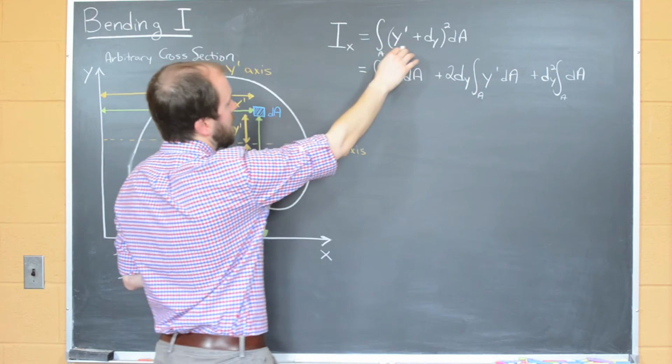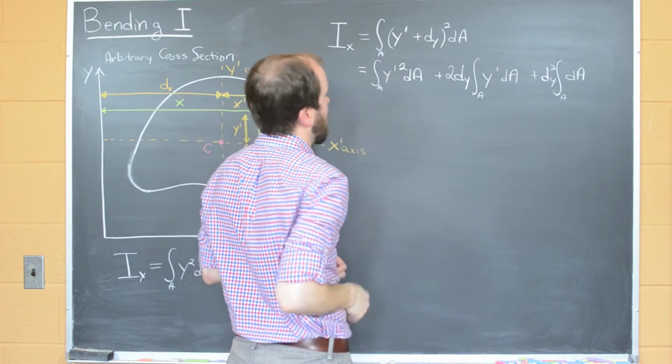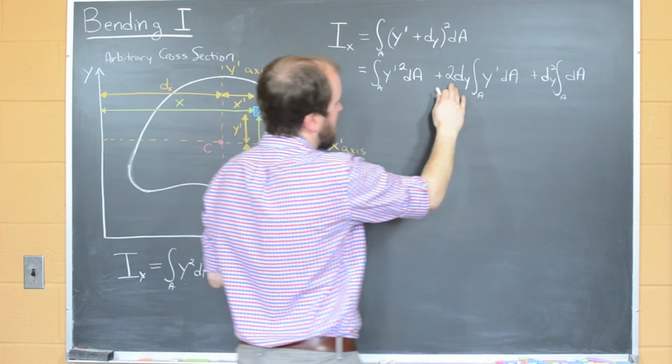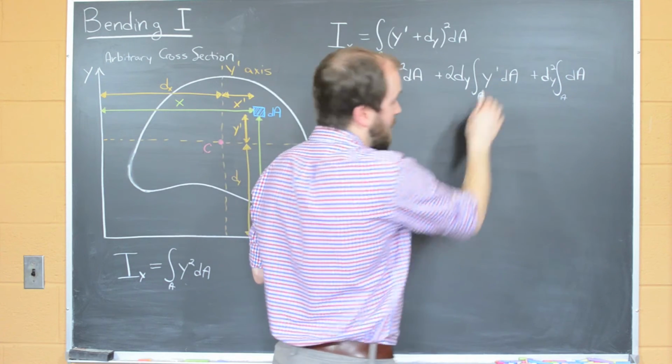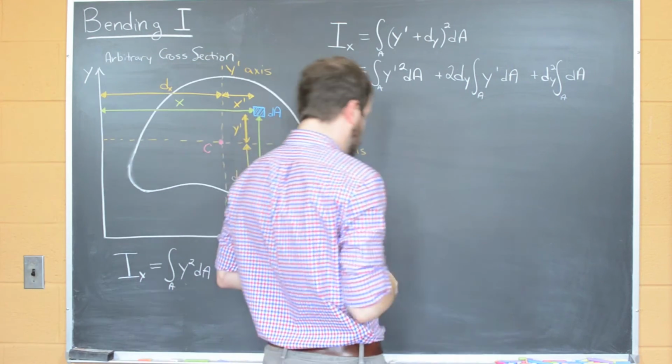So all I've done here is expand out this squared term in the bracket, so you end up with y prime squared dA, 2 d sub y times y prime dA, plus d sub y squared dA.